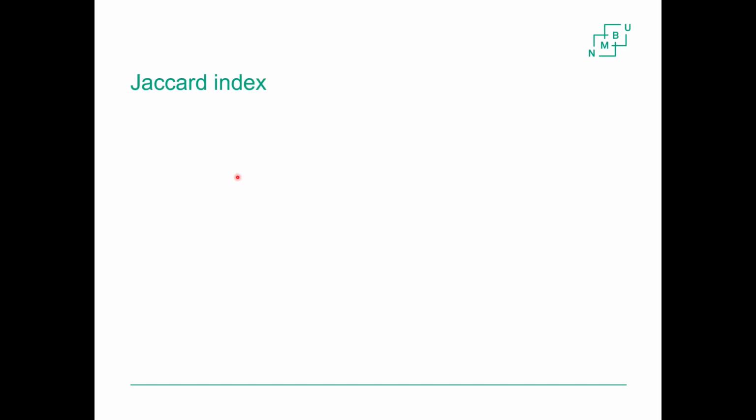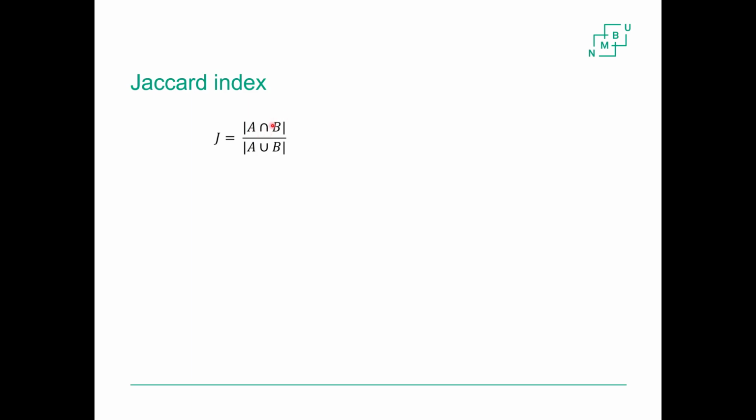So Jaccard index, what is the Jaccard index? It's actually quite a simple index or measure, and it measures the similarity between two sets. So think of A and B as two sets, and these can be sets containing all kinds of elements. It doesn't have to be k-mers like we are looking at in this context.